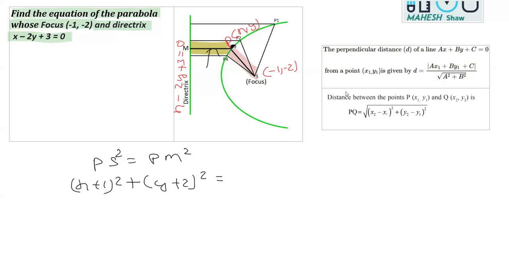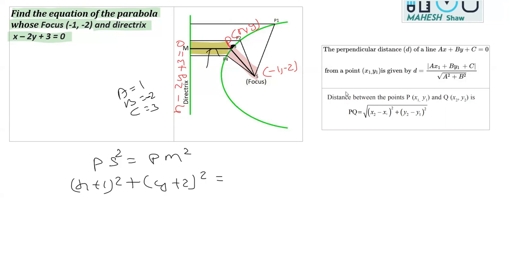This PM I'm obtaining using this distance formula, that is Ax1 plus By1 plus C. As you can see, A is 1, B is minus 2, and C is 3. So replacing A, B, C with 1, minus 2, and 3, and x1, y1 with x and y, what do we obtain here?